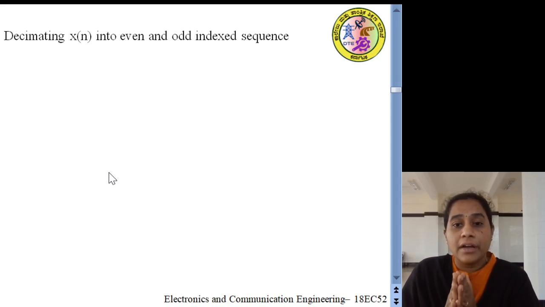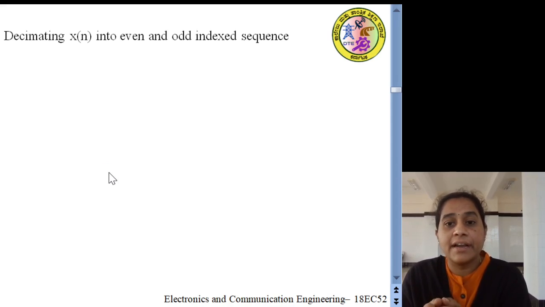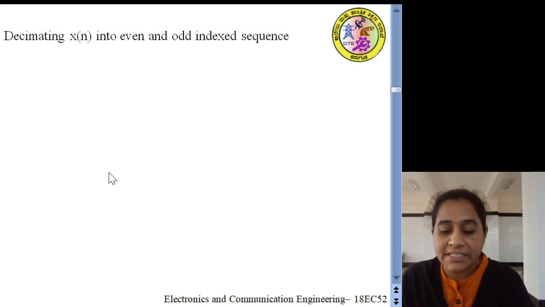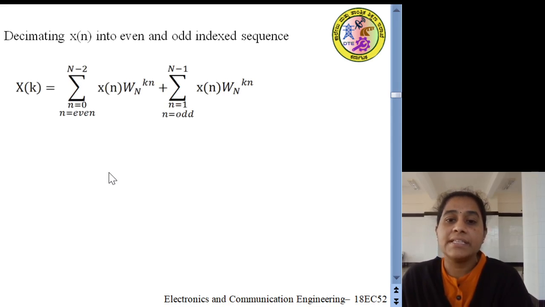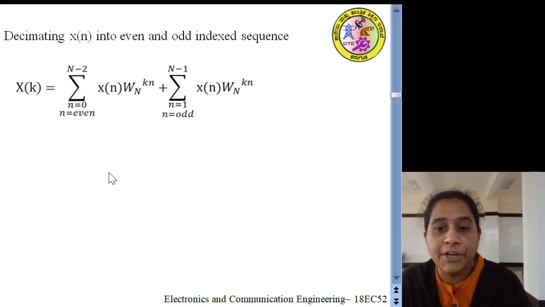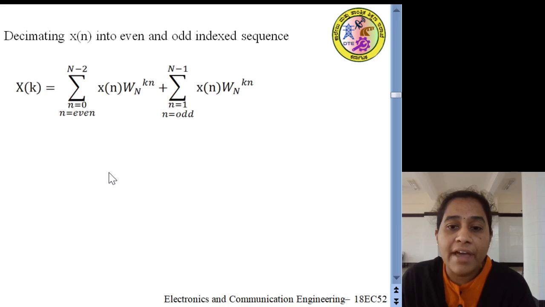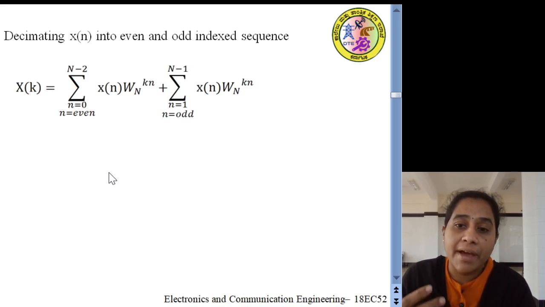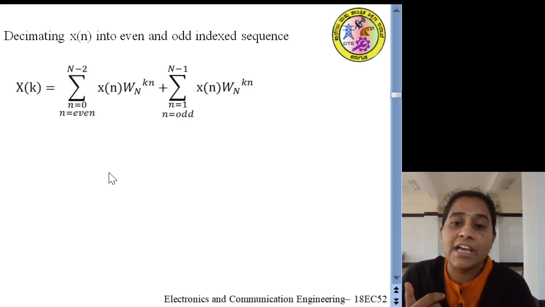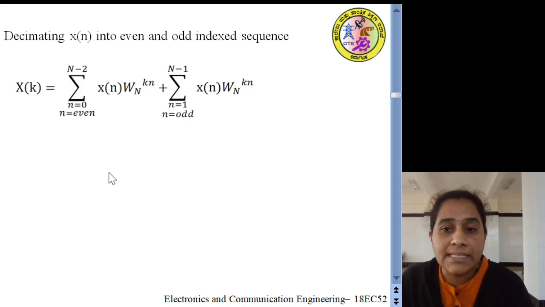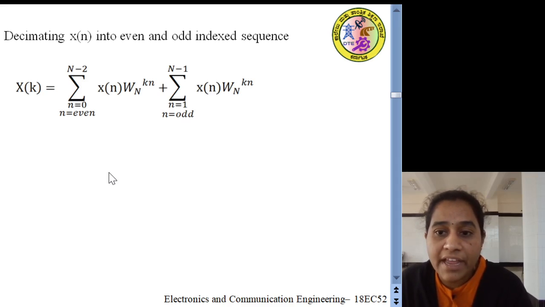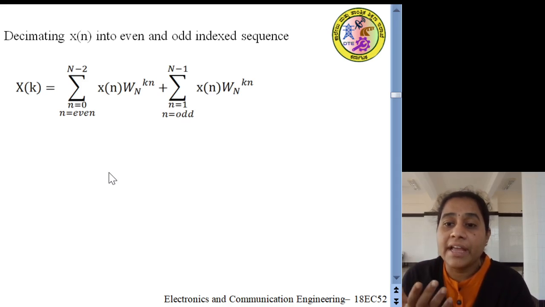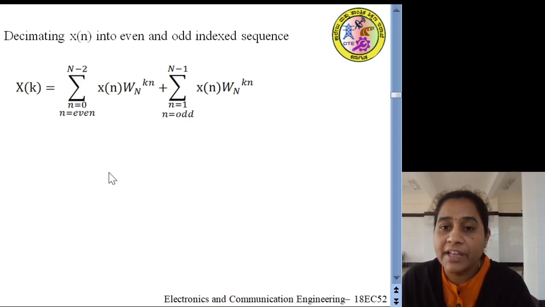So now if we decimate or split our time domain signal x of n into even and odd index sequences, what we obtain is x of k divided into summation n varying over even values from 0 to N minus 2 of x of n into W N raised to the power of kn, plus summation n varying over odd values from 1 to N minus 1 of x of n into W N raised to the power of kn.